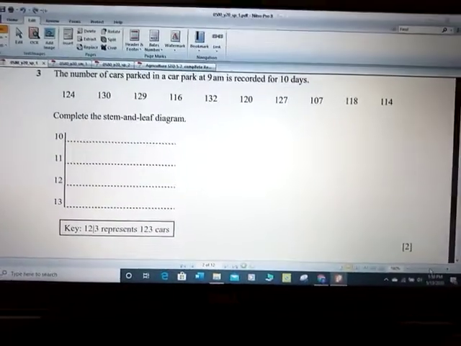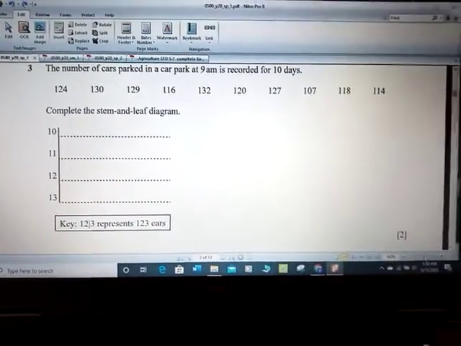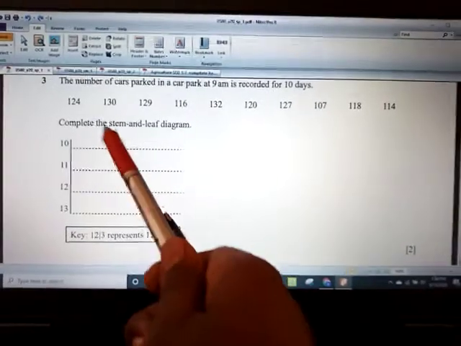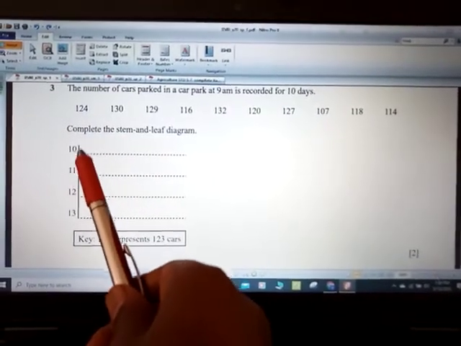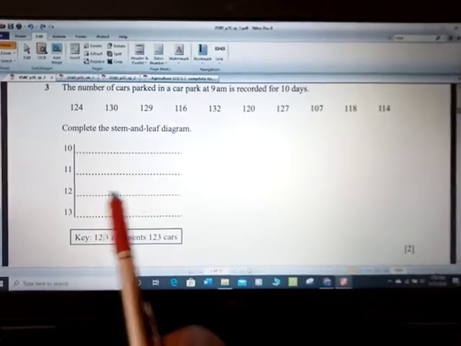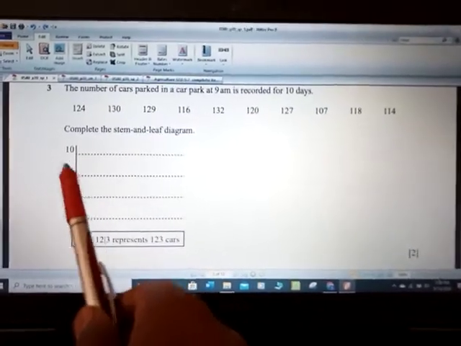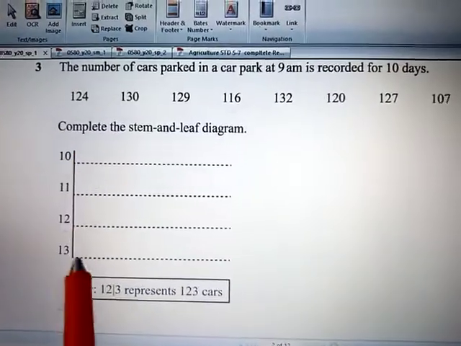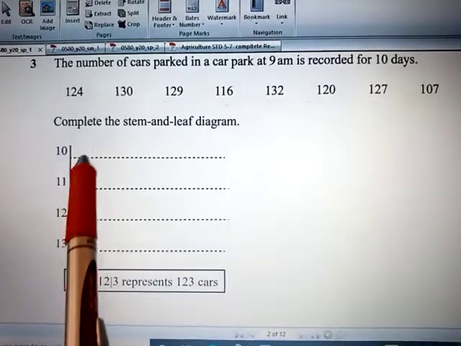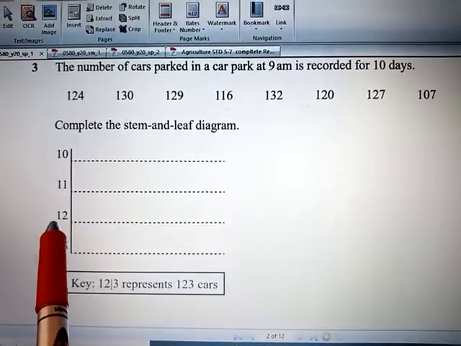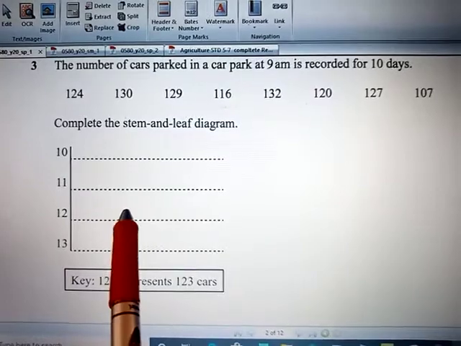And we're given a key there to guide us on how we're going to complete the stem and leaf diagram. This line represents the stem, and this represents the leaves, and here we have the numbers. Now, we're looking at these numbers closely. If it is 123, on the side of the stem we give it a 12, and then we position 3 there.